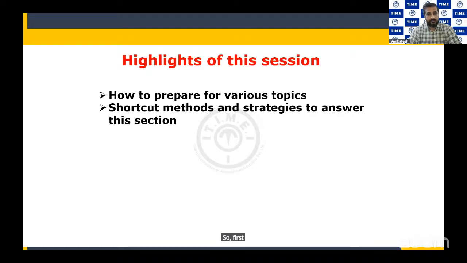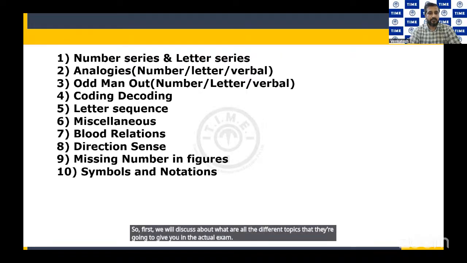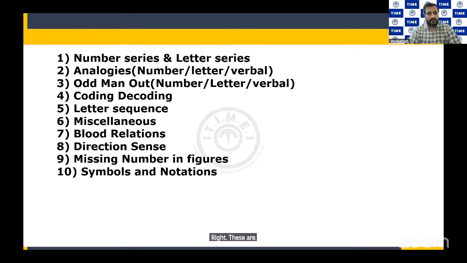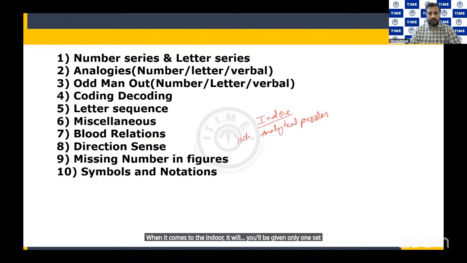So first we'll discuss what are all the different topics that they are going to give you in the actual exam. When it comes to the IPM Indore exam, you will be given only analytical puzzles, that too one set of 3 to 5 questions, not more than that.